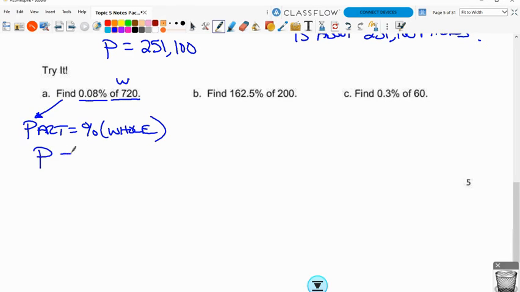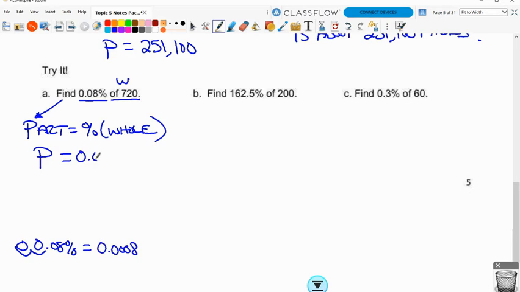So the part is going to be equal to 0.08%. We have to change this percent into a decimal. I'll do that down here. 0.08% equals, remember to move the decimal point back once, twice, fill in that spot with a 0. That's going to come out to be 0.0008.